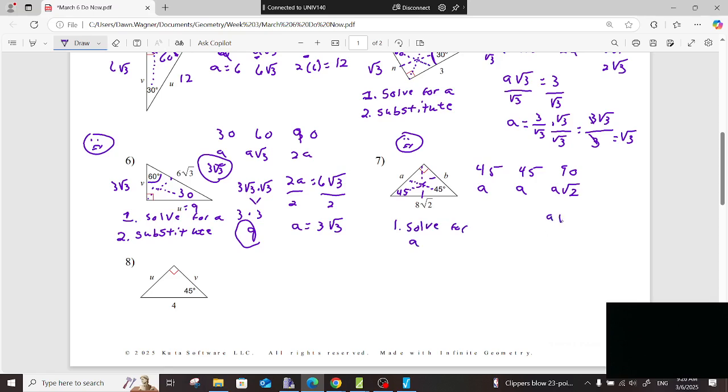So if a square root 2 equals 8 square root 2, well, this one's not too bad to solve for, is it? Because I'm going to divide by square root 2. But when I divide by square root 2, these just cancel, right? Nothing really weird. a is just 8. And so since it's a 45, these two have to be the same. Both of these are 8.